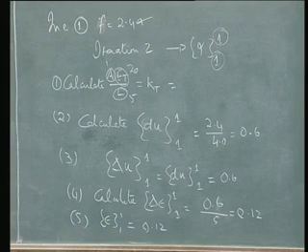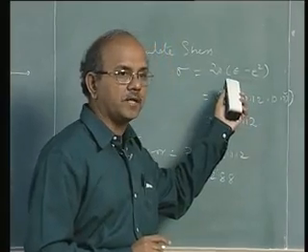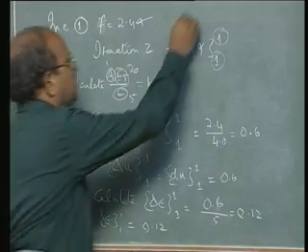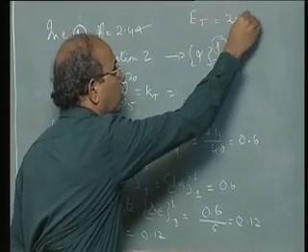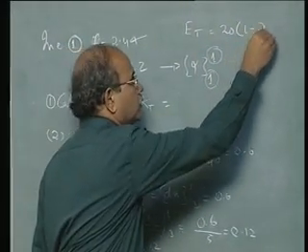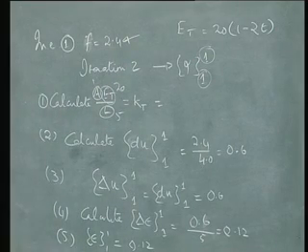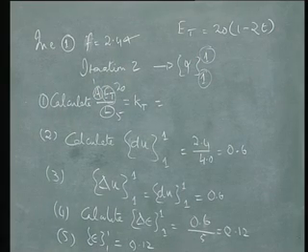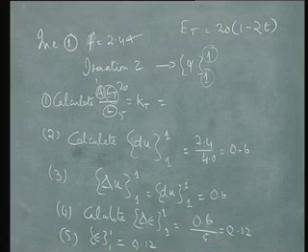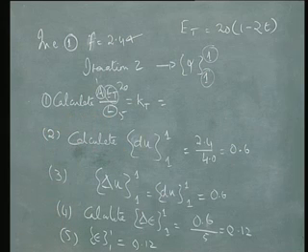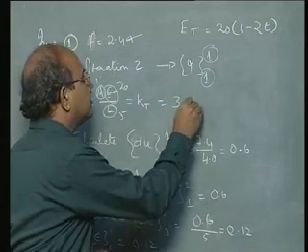ET is, from this figure, 20 into 1 minus 2 epsilon. From this, please calculate KT, substituting ET into my A ET by L, and that happens to be 3.04. Is that correct? Yeah. So that happens to be 3.04.